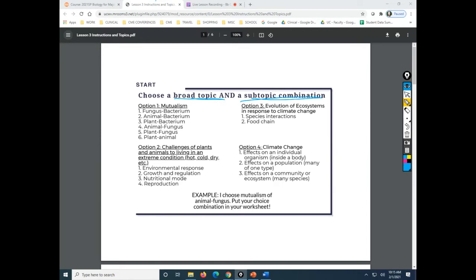So we can see for here, my example is I've chosen a mutualism of an animal and a fungus. So that's getting both parts. Mutualism, there's my broad topic. Animal and a fungus is the subtopic. So that's a whole topic for me.